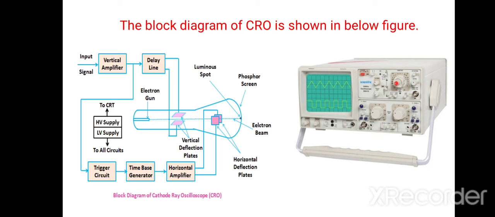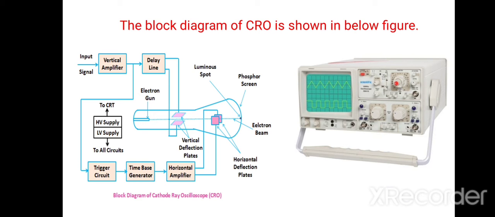I will repeat the vertical amplifier functioning here. As I told you, the block diagram of the cathode ray oscilloscope consists of various blocks: vertical amplifier, delay line, trigger circuit, time base generator, horizontal amplifier, and cathode ray tube. The first block is the vertical amplifier.